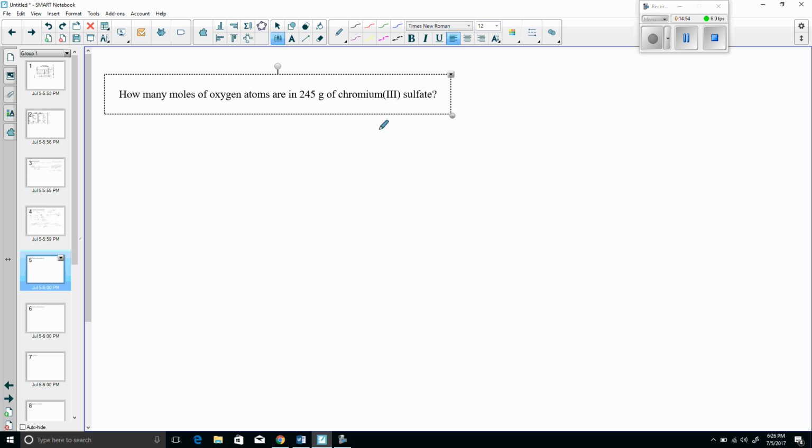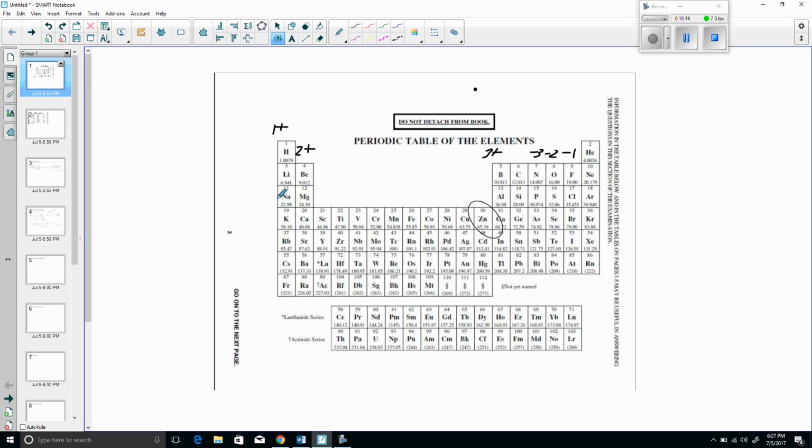Once again, we have a compound. Now this compound is a little bit different because you see it has this 3 in there. What this is telling us is that chromium has a charge of positive 3. Unlike the elements in groups 1, 2, and 3, whose charges we know to be 1, 2, and 3, we don't know that for chromium.